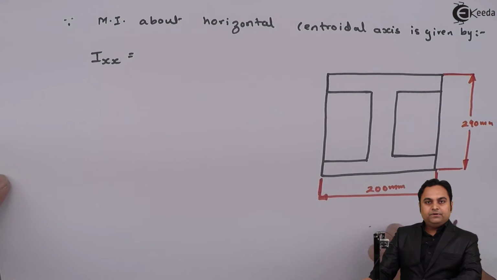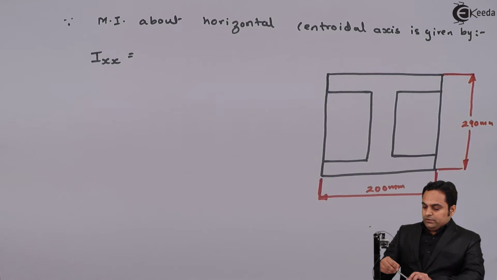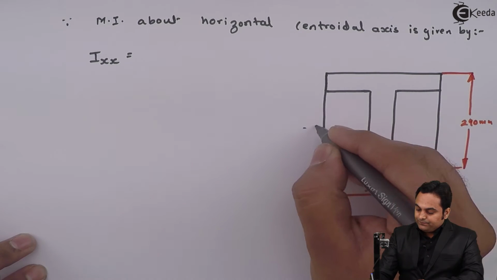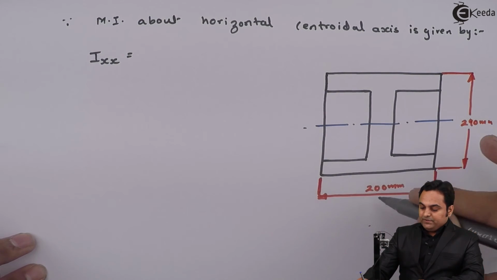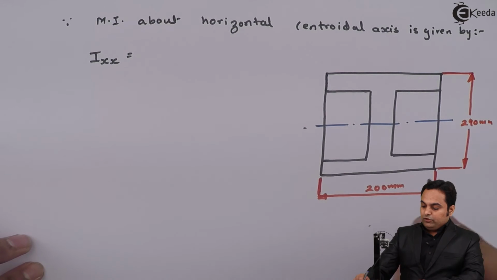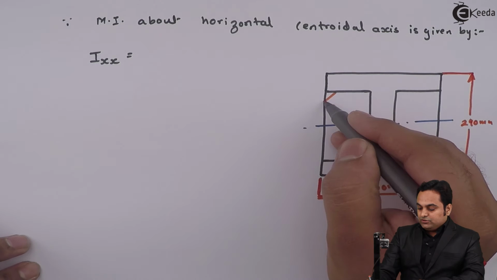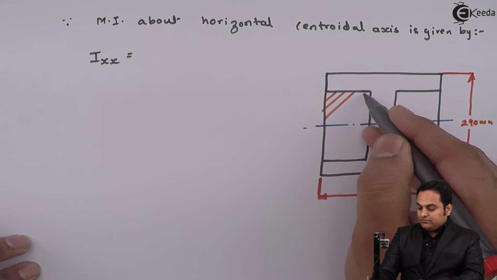Now from this complete rectangle I'll calculate the moment of inertia about the x-axis for this bigger rectangle, and from that bigger rectangle I am going to subtract these two smaller rectangles, which I am shading here.